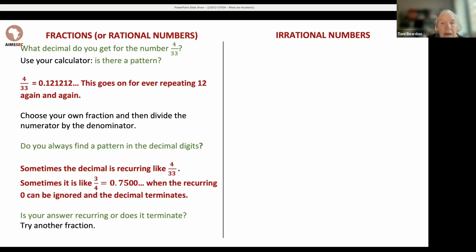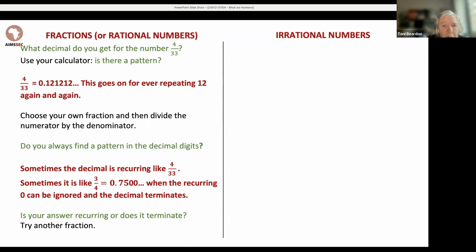It's a repeating decimal: 4 over 33 is 0.12121212. So this is how we write fractions as decimals, and they're equivalent to each other.